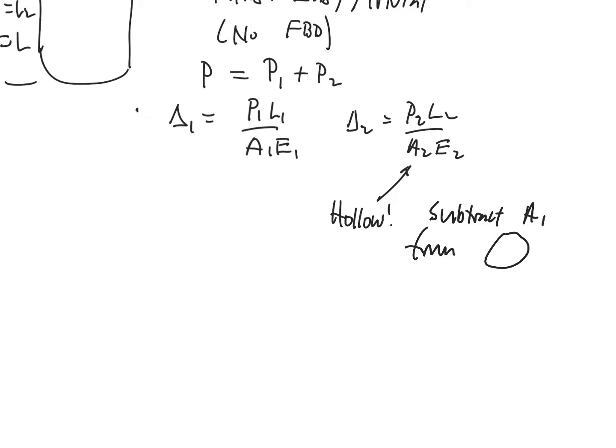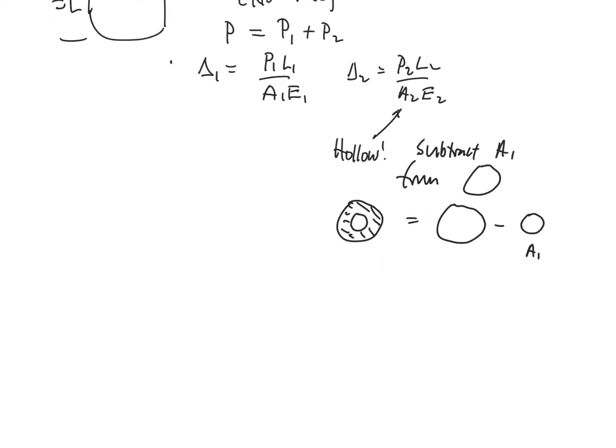So A2, let's draw it like this. That's A2, which is equal to this entire area minus A1. That is a common mistake to make. Make sure that you adjust the area to account for that. Otherwise, you could have pretty significant errors if you don't do that.